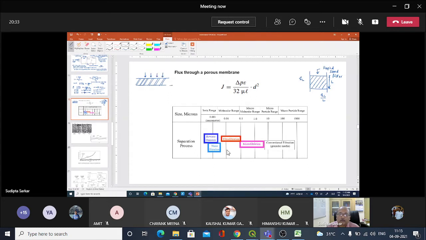So length, in this case, we can call it small l.